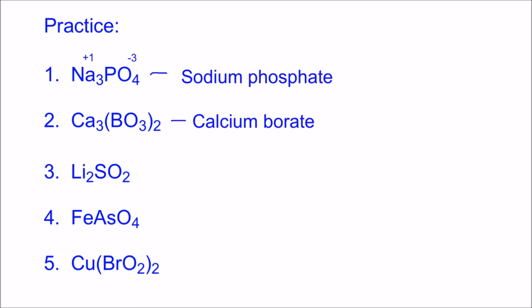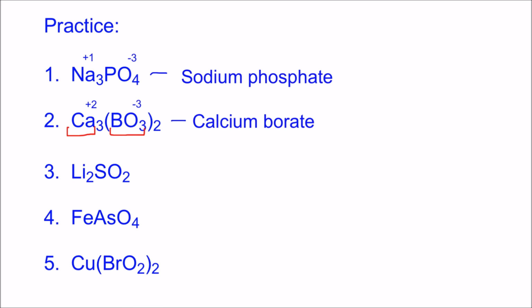Calcium is the cation here. Okay, and since it's in the second group of the periodic table, it's got a +2 charge. Now this BO3 here is our anion, and POs, BOs, and ASOs have a -3 charge.